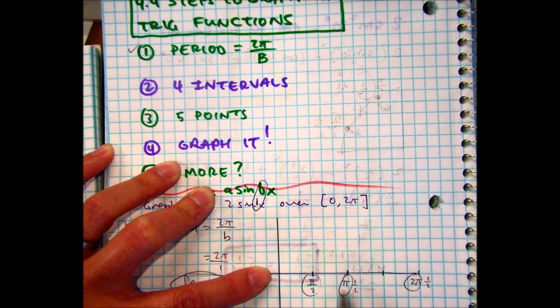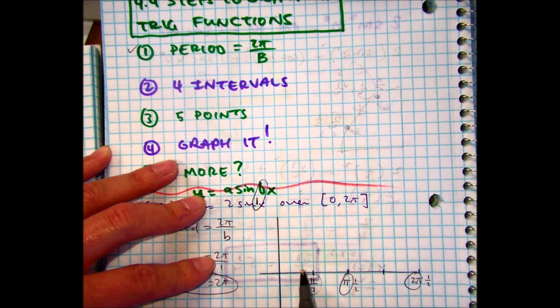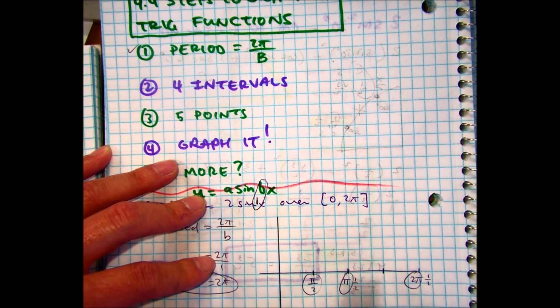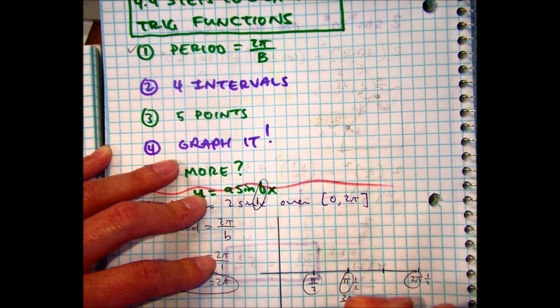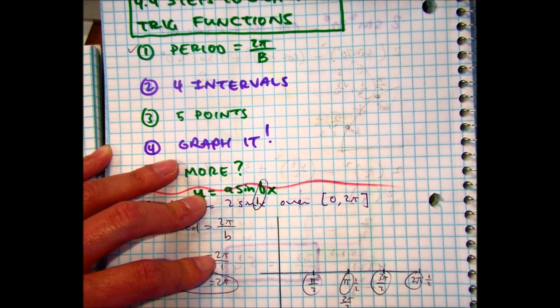This is like 50% of the graph. This is 100% of the graph. So 25, 50, 75%, 100%. So to get 75%, it's 25% plus 50%. So essentially pi over 2 plus 2 pi over 2 gives me 3 pi over 2.